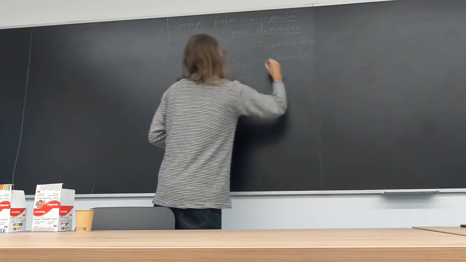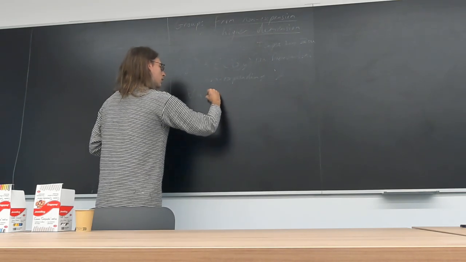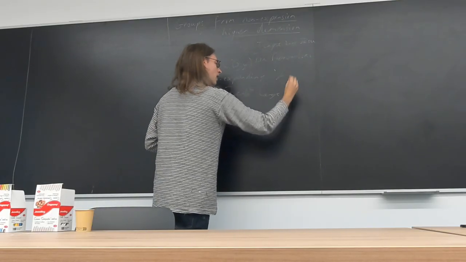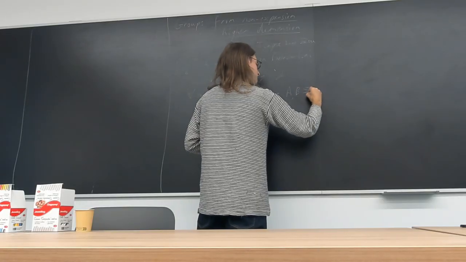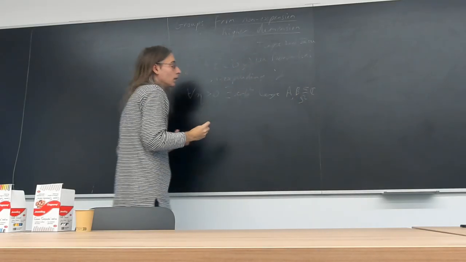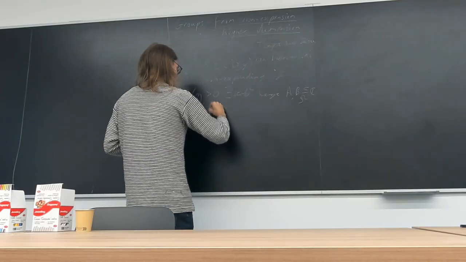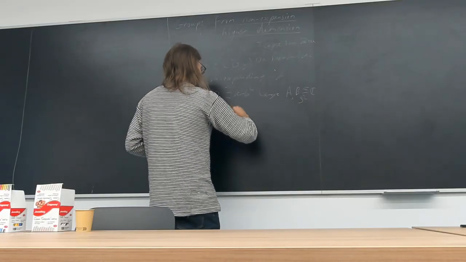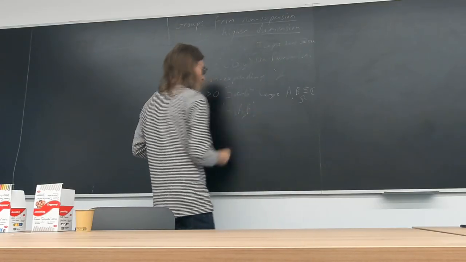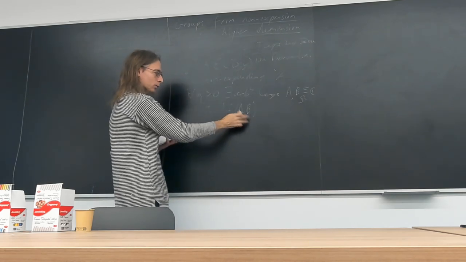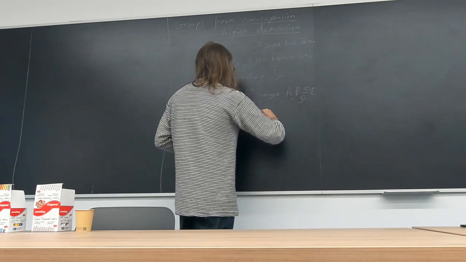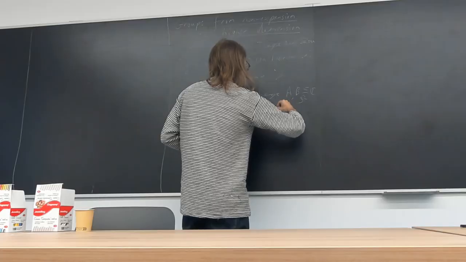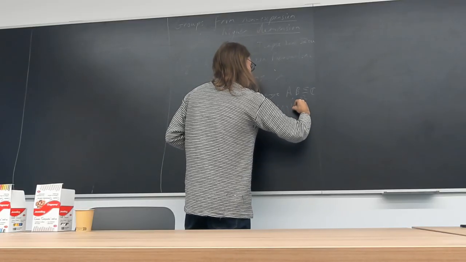It's non-expanding if for all positive eta, we can find arbitrarily large finite sets A and B of complex numbers such that, in terms of cardinality, if we look at the image under F, so this is all the possible values of F applied to elements of A and elements of B in respective coordinates, this is less than the cardinality of A to the 1 plus eta.